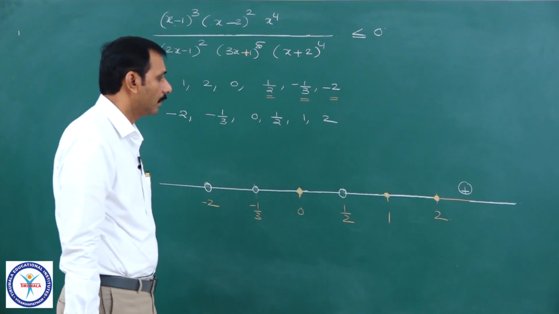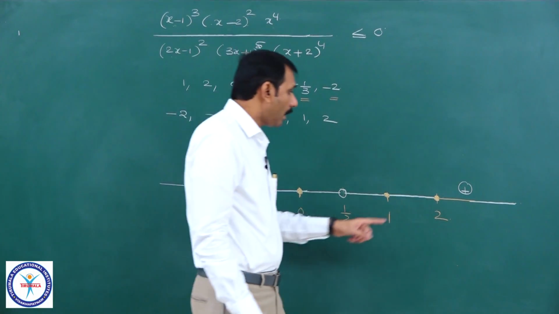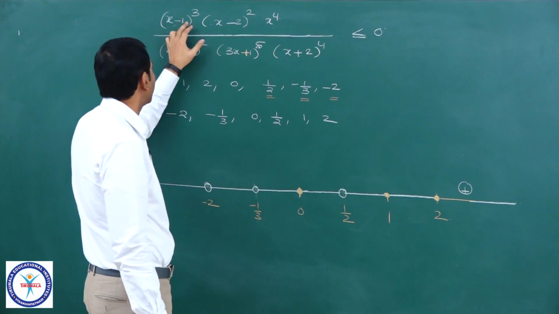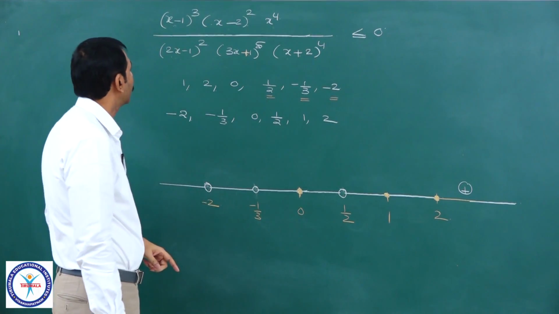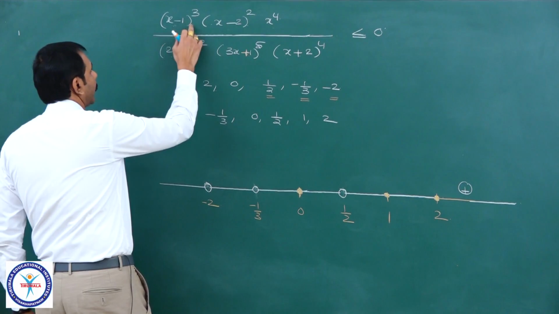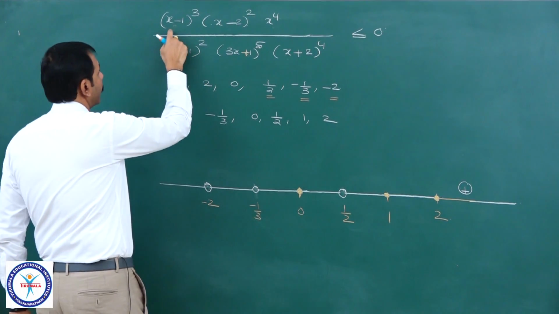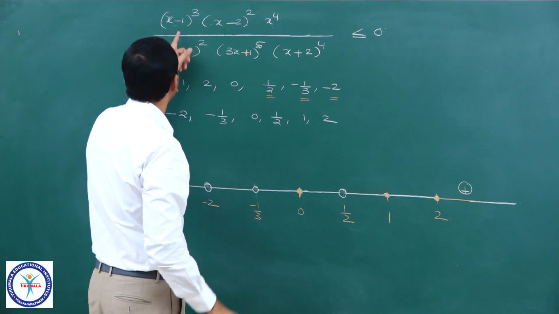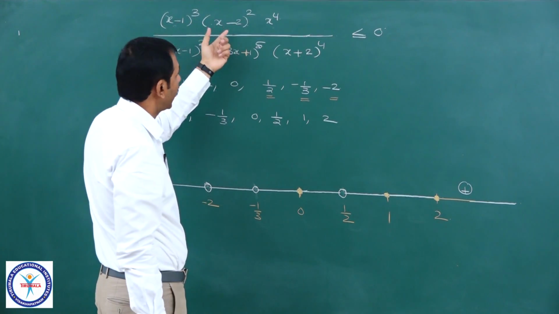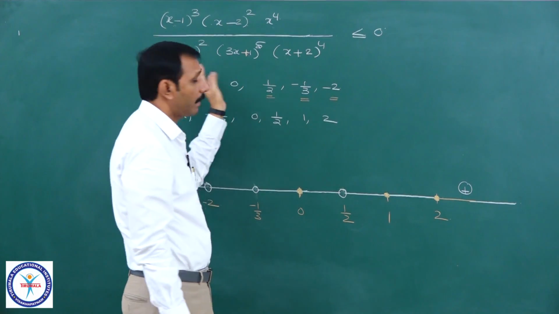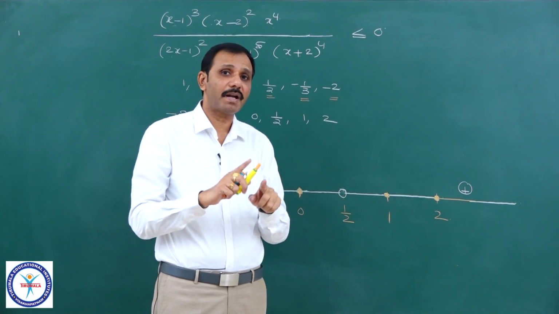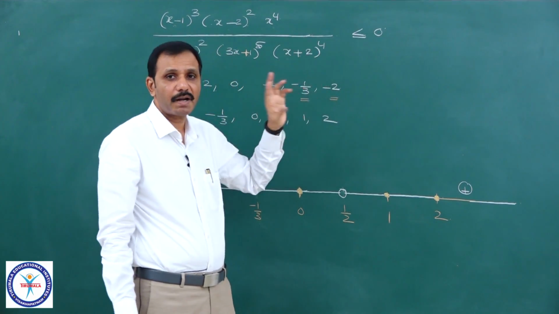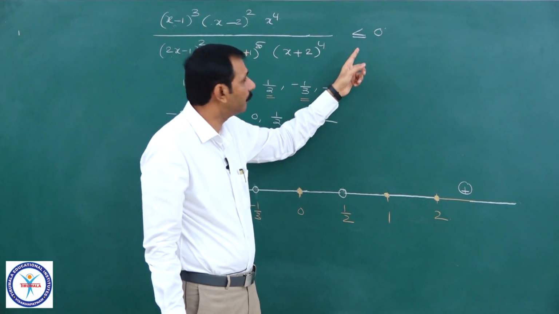Now, if at all you write some of the expressions in the form 1 minus x, then you multiply with minus sign and make it in the form x minus alpha, x minus beta and so on. We have already done this type of problem. While multiplying, if you multiply an odd number of times with the minus sign, then the inequality will change, and an even number of times means the inequality will remain the same.